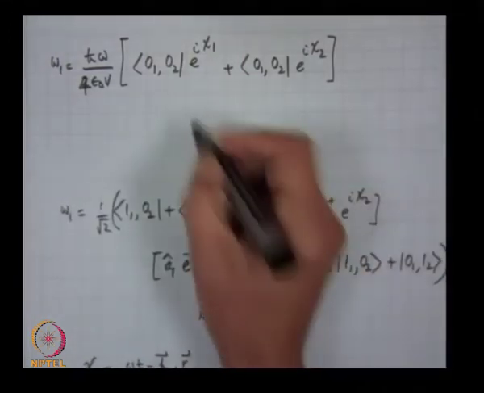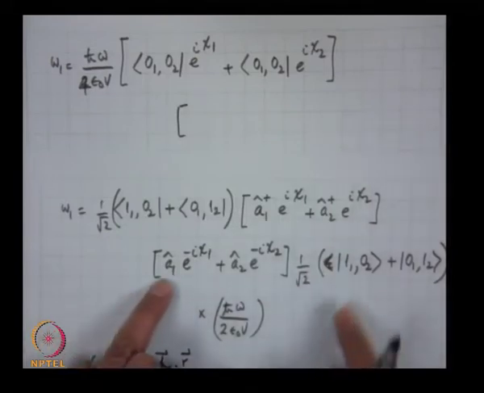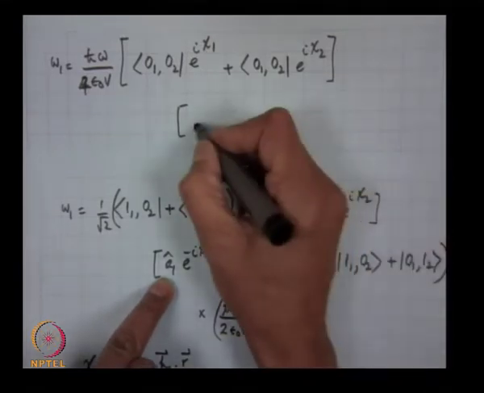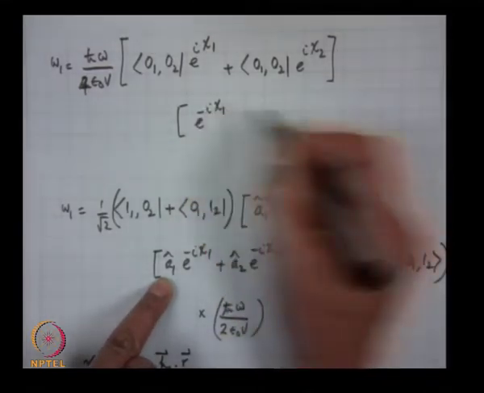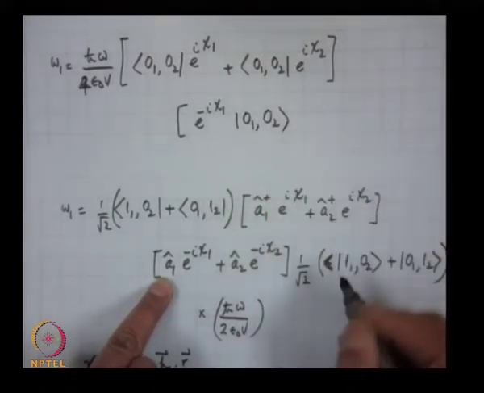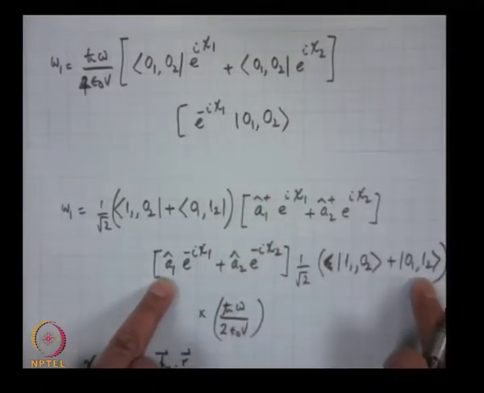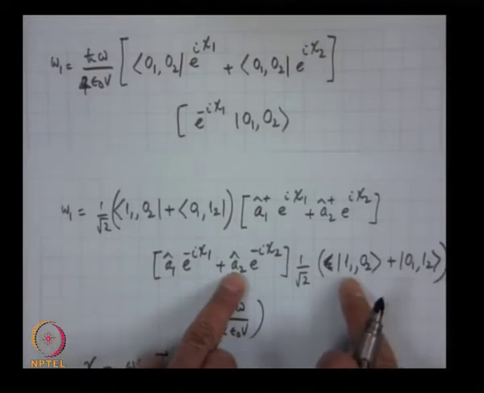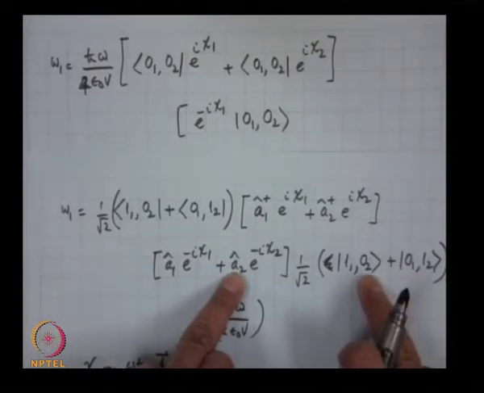The second one, A1 operating on this gives me exponential minus I chi 1 into 0102. A1 operating on this second term gives me 0 because this is 0 here. A2 operating on this gives me 0 because the second mode is unoccupied.